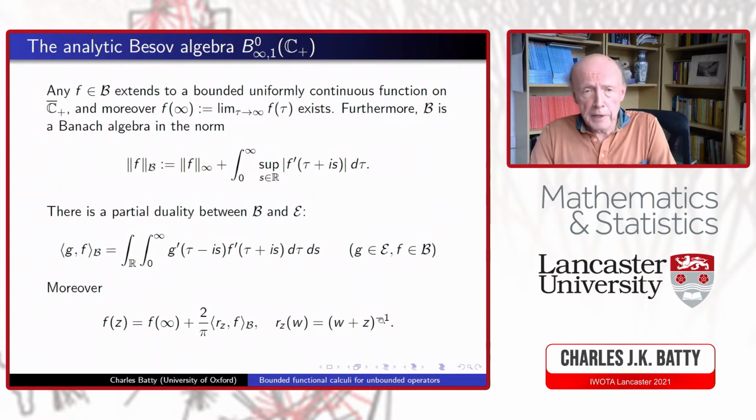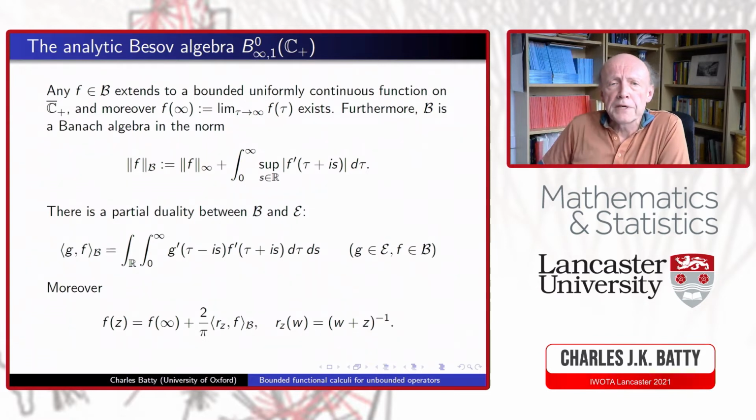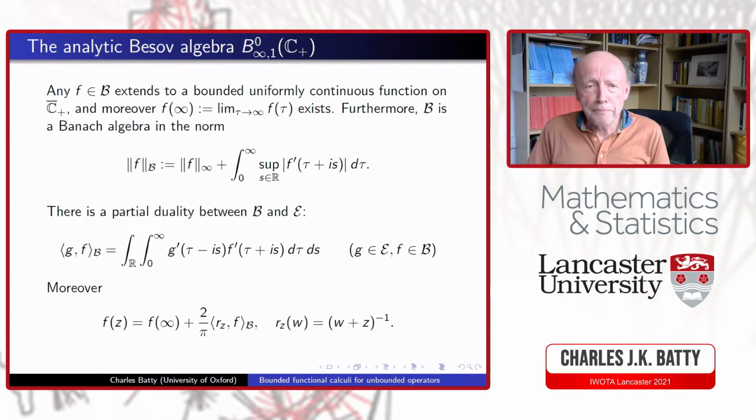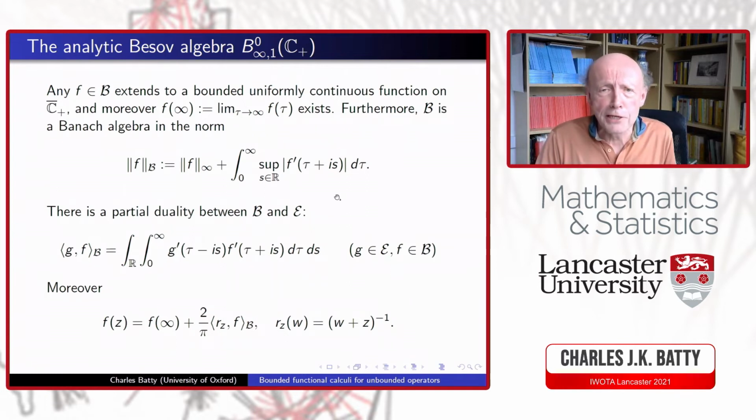Now let's think about the properties of this analytic Besov algebra curly B, or more complicated notation on the header. If you have a function f in there, the function f is always bounded and uniformly continuous, initially on the right half plane, but you can then extend it to the imaginary axis as well.